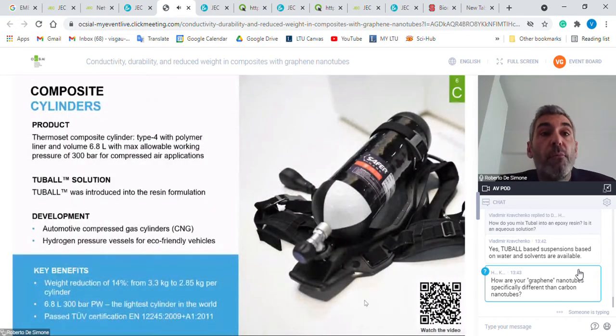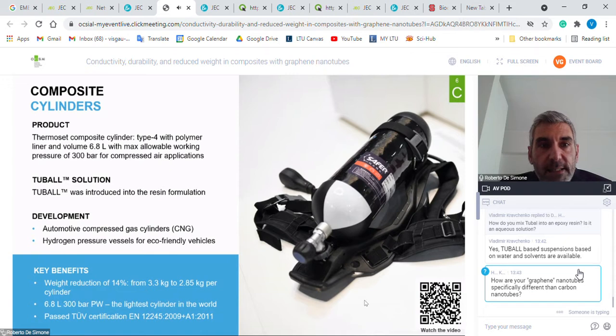A couple of words about the current achievements we had with Tubal for mechanical reinforcement. The first one is the type 4 cylinder with an inside polymer liner. Tubal is introduced and dispersed directly in the epoxy resin system.